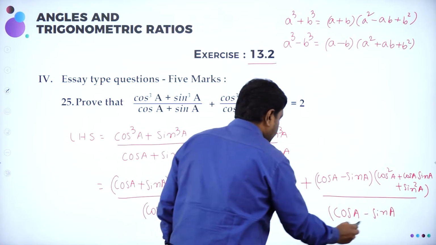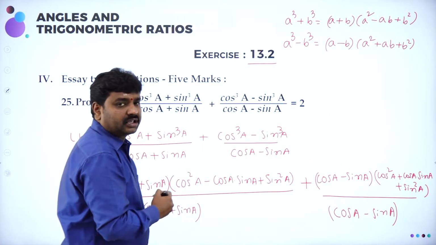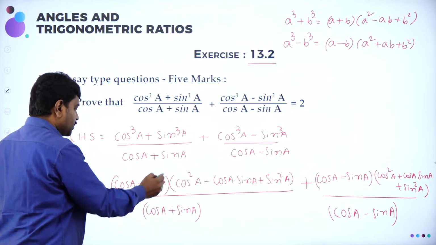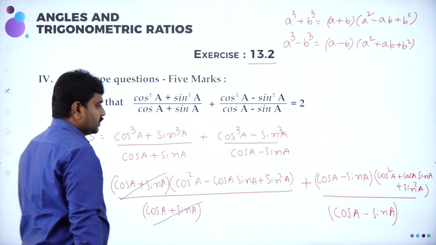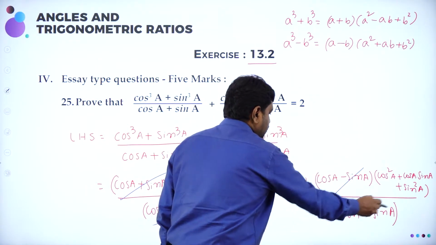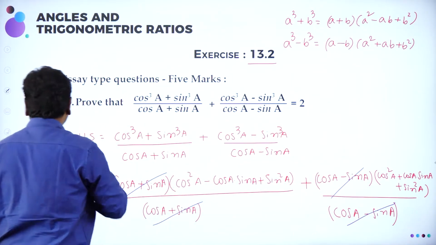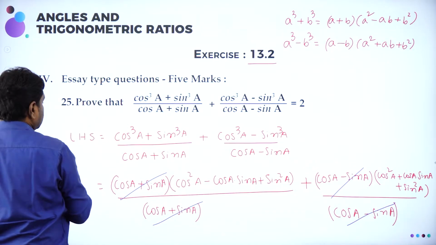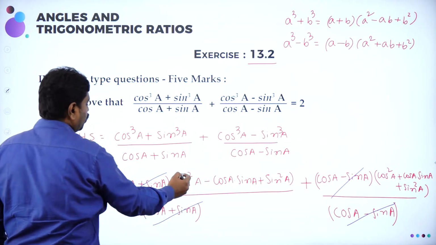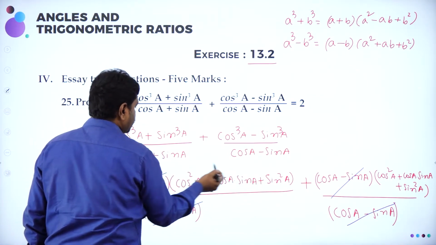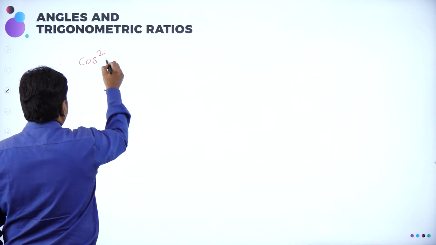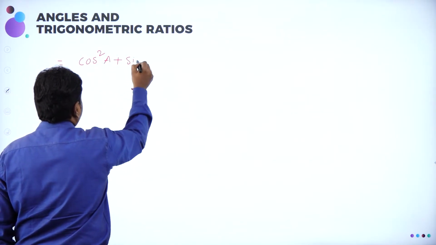So now if you observe, we have common terms which you can cancel. Here cos a plus sin a by cos a plus sin a cancels. Here we have cos a minus sin a by cos a minus sin a cancels. So write the remaining terms. Write the left out terms, that is equal to cos square a. I'll group it. First I'll write cos square a, then I'll write sin square a. So I'll write it as cos square a plus sin square a.